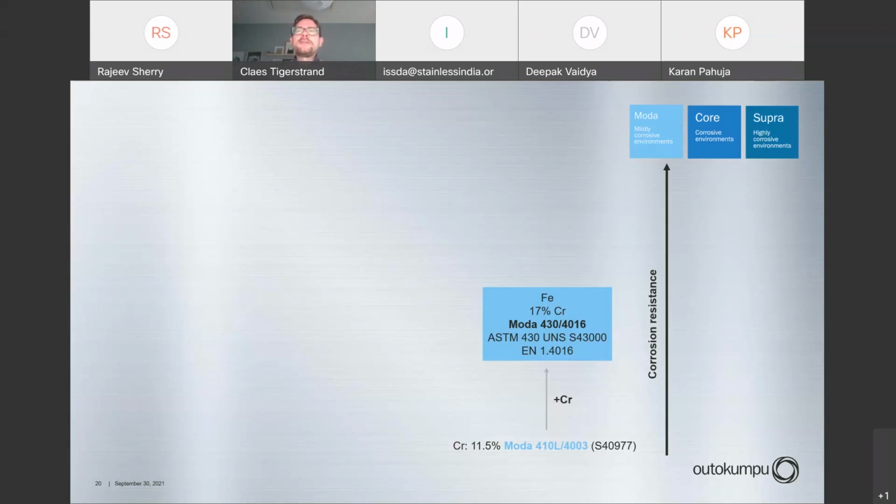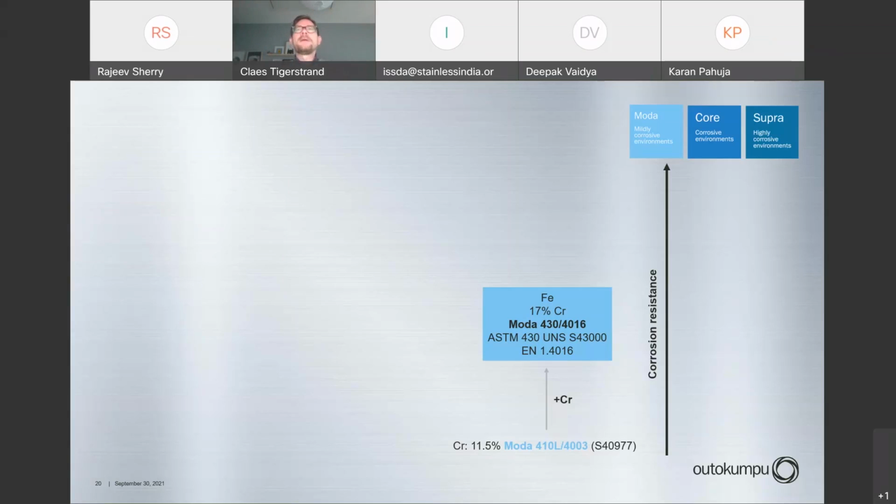If you then add more chromium, so you reach about 17% chromium, you will increase the corrosion resistance, as we know from the PRE index. And then we have the most common ferritic stainless steel on the market, and that is what we call the Moda 430.